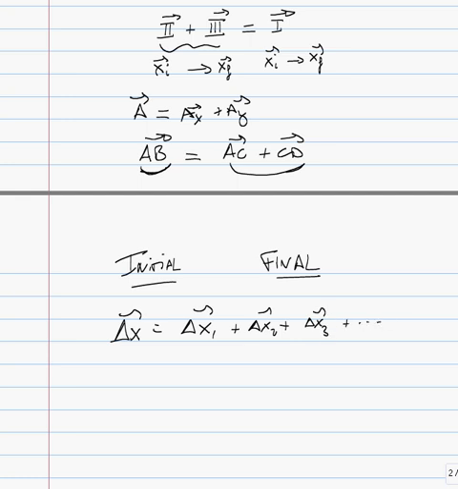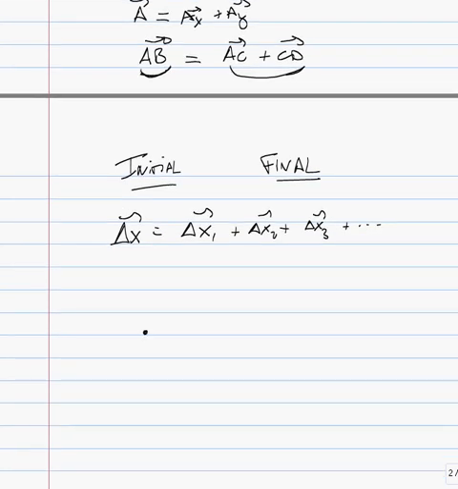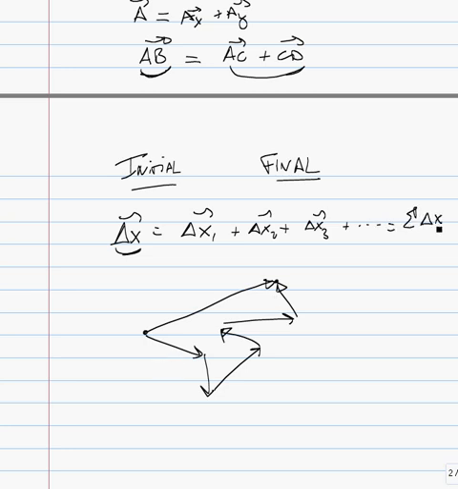You can decompose your change of position from this point to this point as either 1 delta x or with the sum of a bunch of little delta xi. As long as the initial and final positions are the same, they are all the same displacement.